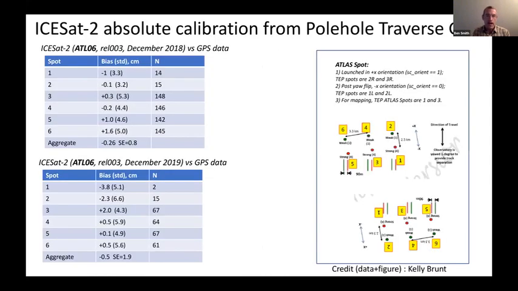But we're getting aggregates, so these are now in centimeters, we're getting biases by comparing all of the elevations between the GPS and ATL06 on the order of 1/4 of a centimeter the first time we did this, half a centimeter the second time, and standard errors on the order of a centimeter. So I think that this is working extremely well.